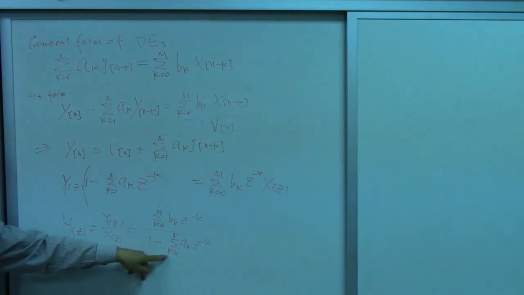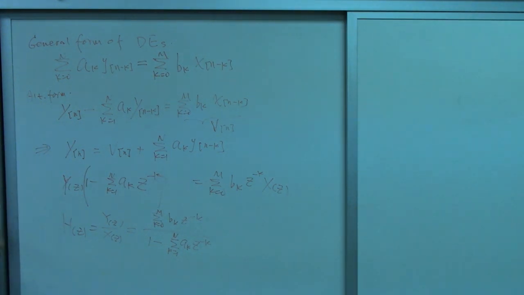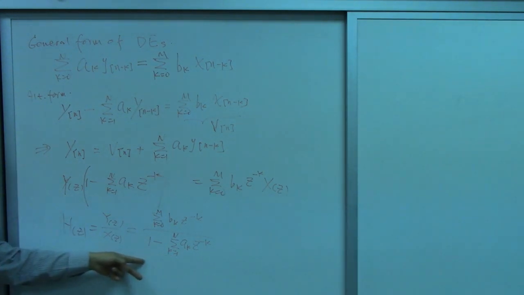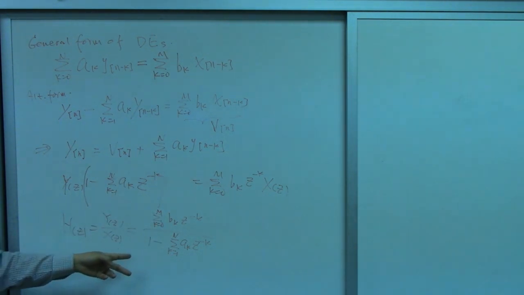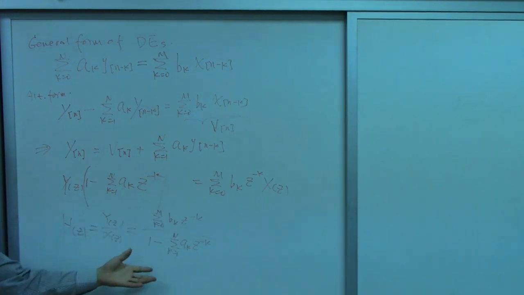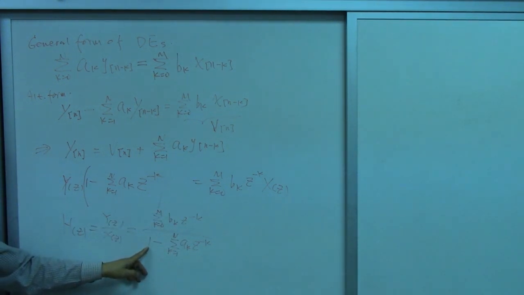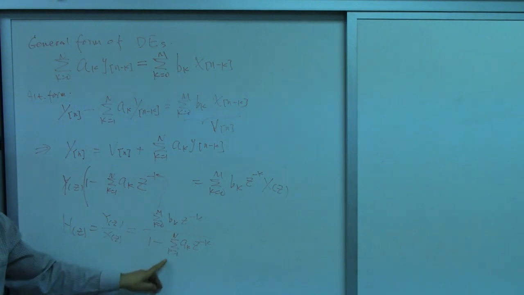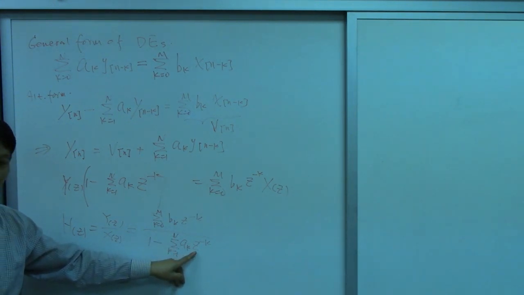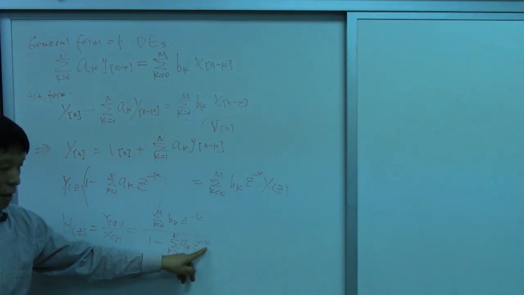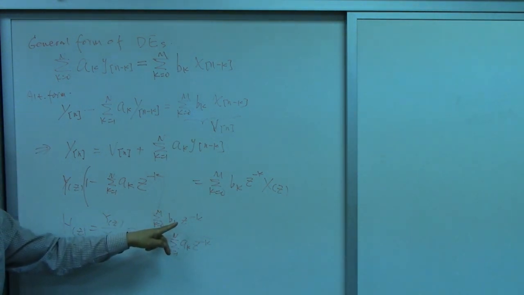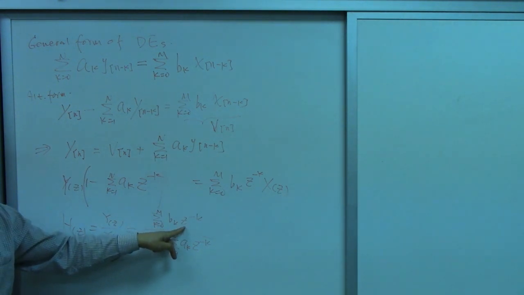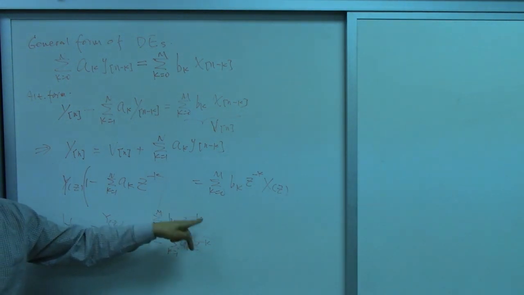the system function. You just imagine the z transform in your head, then you can write this. If I give you the system function, you know this is equivalent to a difference equation. So you can directly write out from here the difference equation: y[n] minus the sum of a_k y[n minus k] equals the sum of b_k x[n minus k].